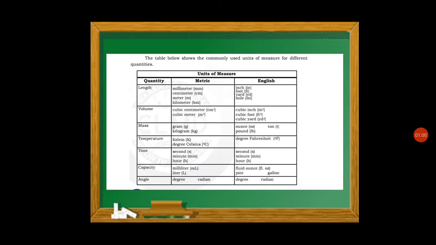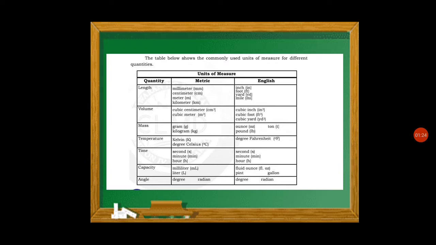The table below shows the commonly used units of measure for different quantities. So the units of measure, the first one, we have the length, volume, mass, temperature, time, capacity, and angle. For the length, we can use for metric the millimeter, centimeter, meter, and kilometer. So these are just examples.